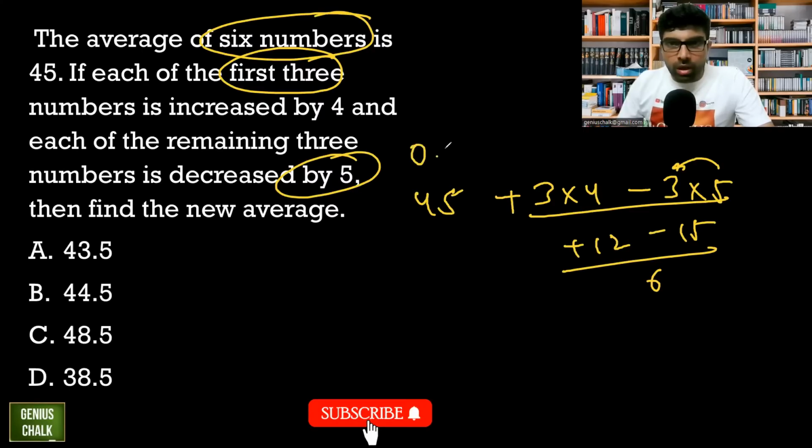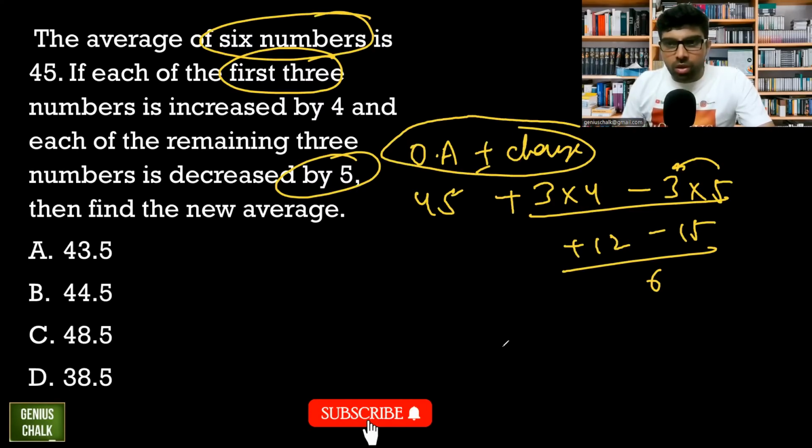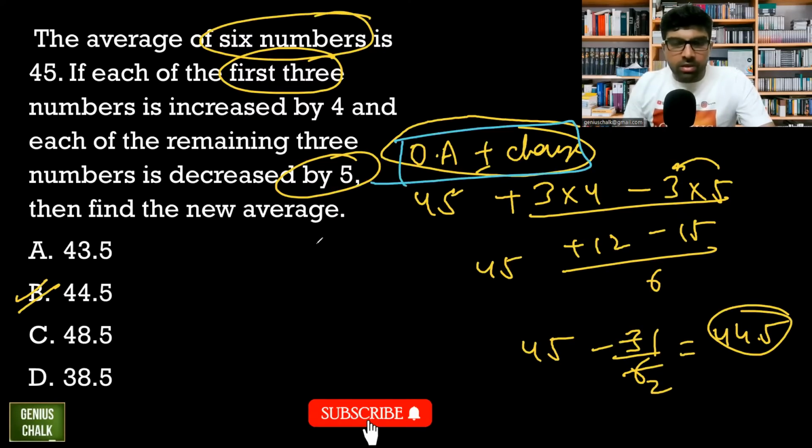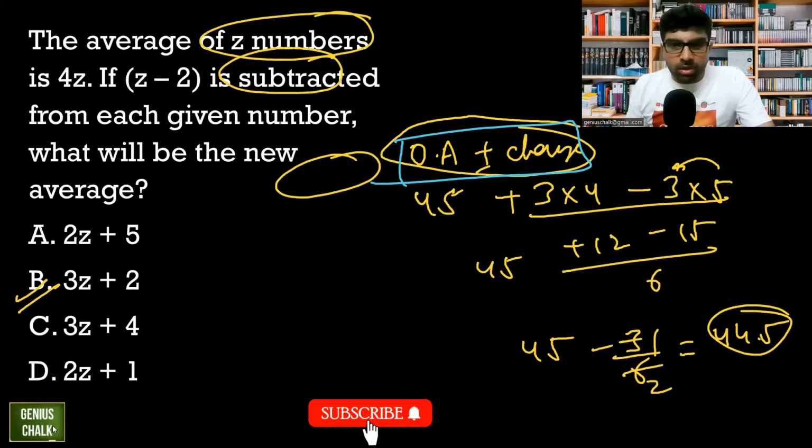So what I'm doing is old average plus or minus the change in the average. So how much? 45 minus 3 by 6, which is minus half. That is 44.5. A logical answer. The correct way to solve this question is: old average plus or minus change. Although we have proven this using the basic method also, this is more appropriate for the exam.